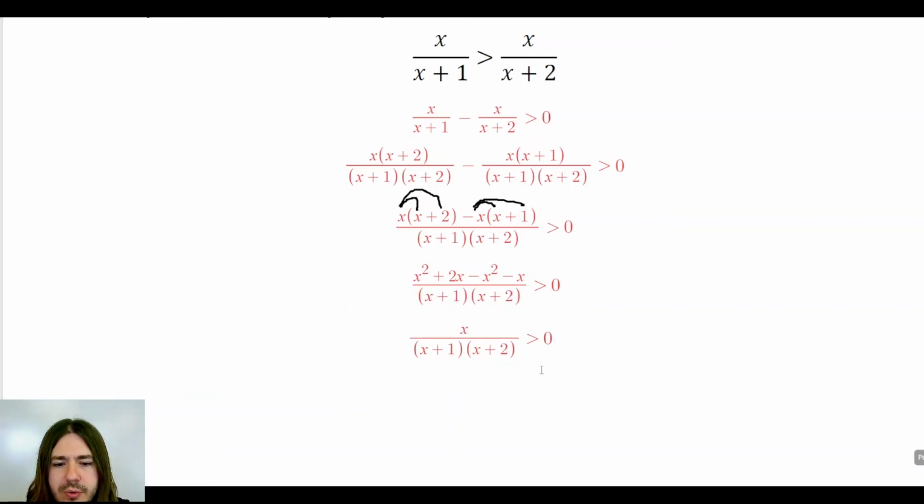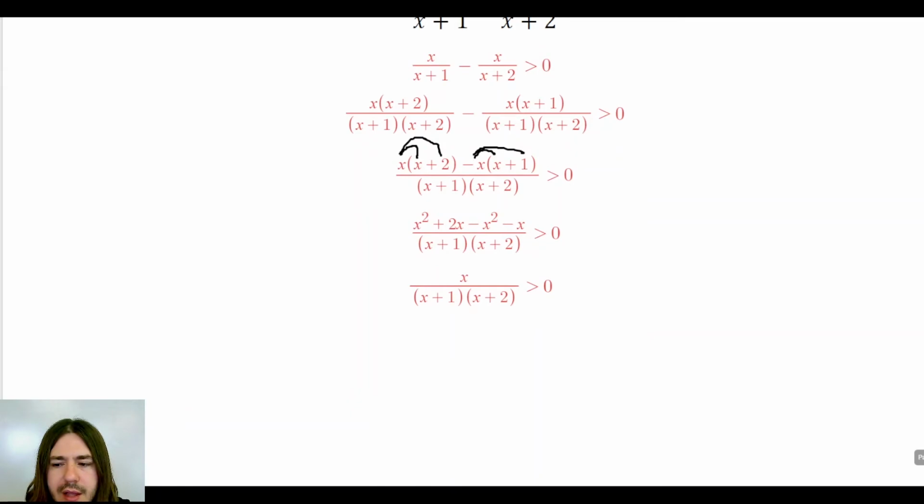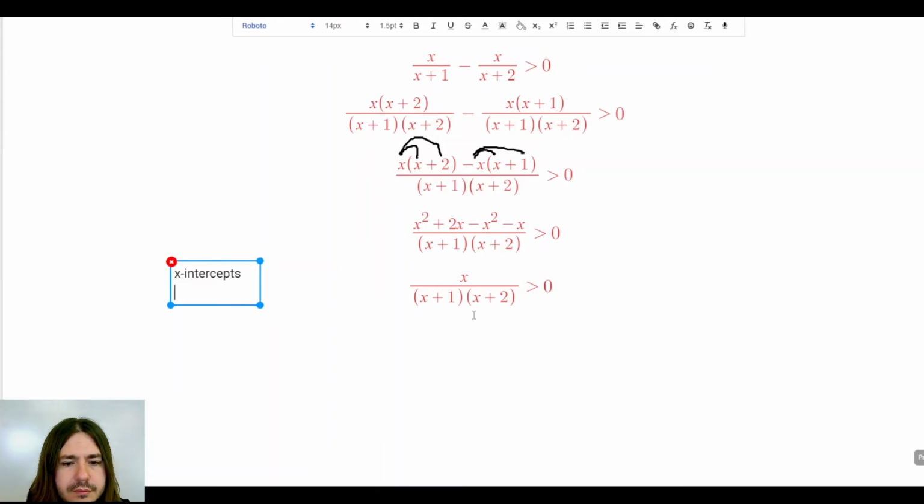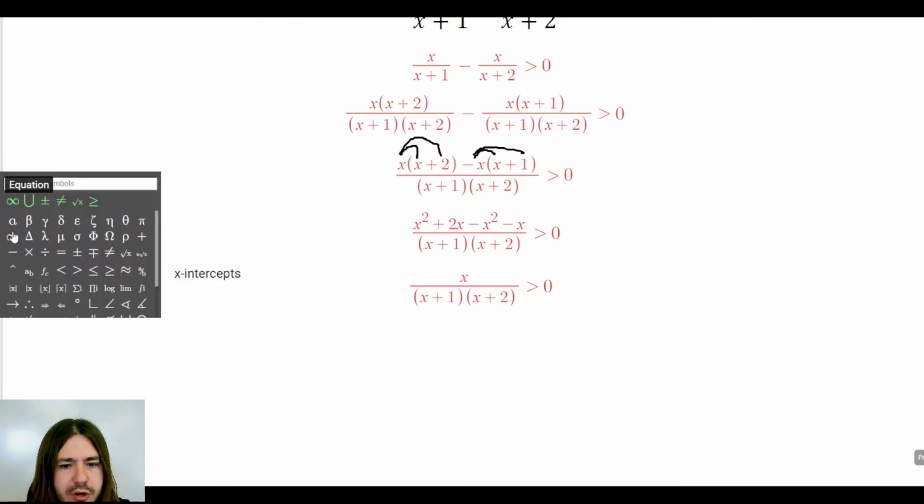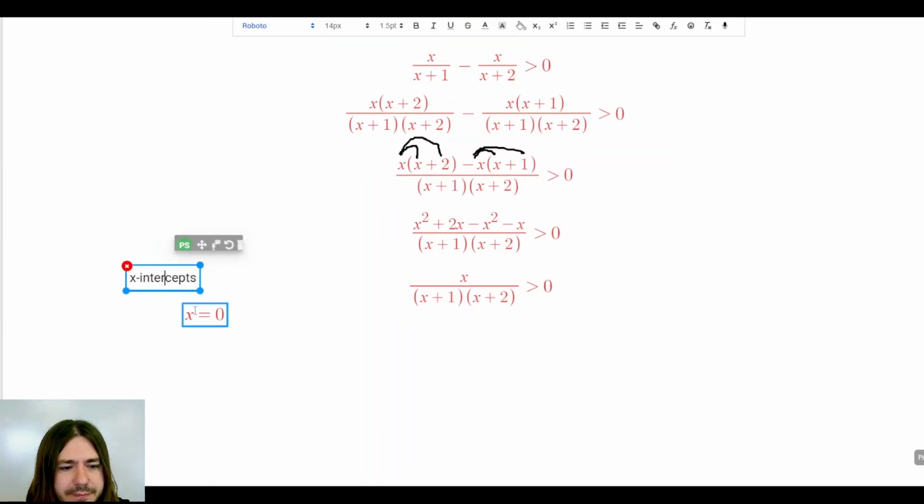Okay, so at this point, we are going to find my x-intercepts and find the places where the denominator is equal to 0. Okay, so the x-intercepts are going to occur where x is 0 and there's nothing to solve. There's not even a second step there. So that's kind of nice.